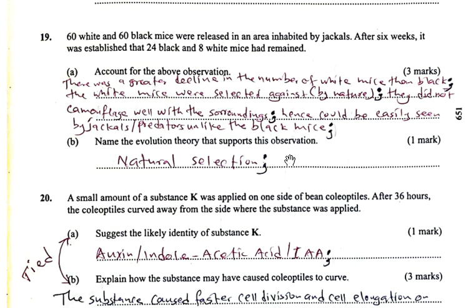And natural selection says that organisms which have advantageous traits are able to survive and reach sexual maturity, and through reproduction they pass those traits to the subsequent generations. In this case, the advantageous trait is that the black mice were able to camouflage, unlike the white mice. Hence, they are not easily predated upon.